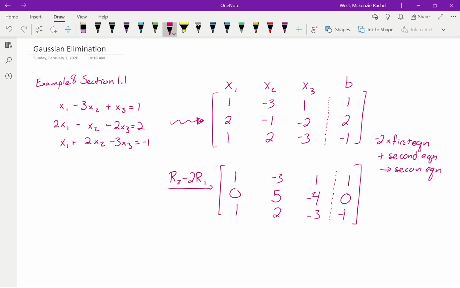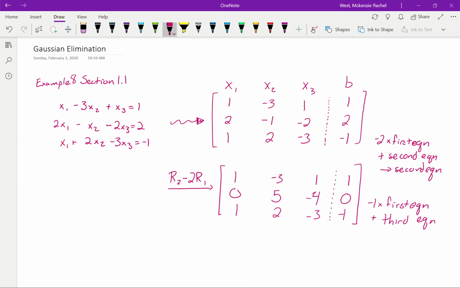Alright, so then the next task was to do minus 1 times the first equation plus the third equation.